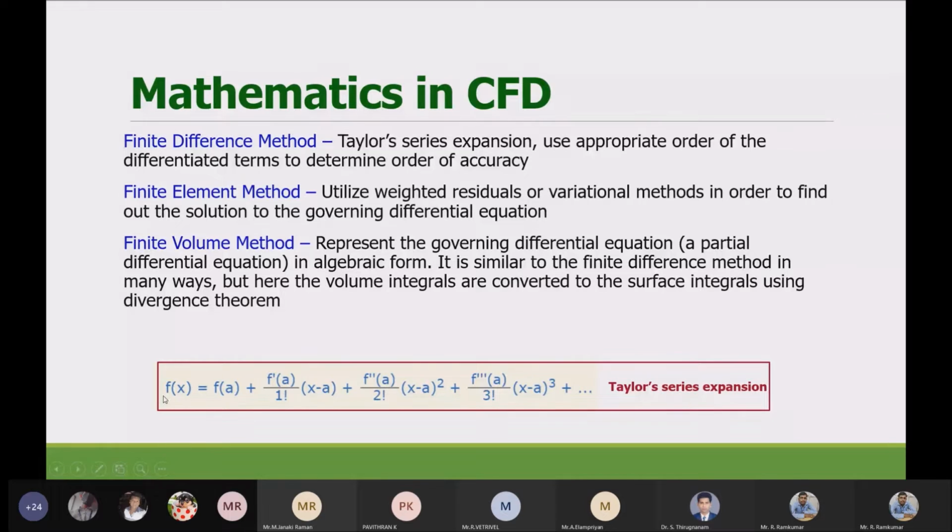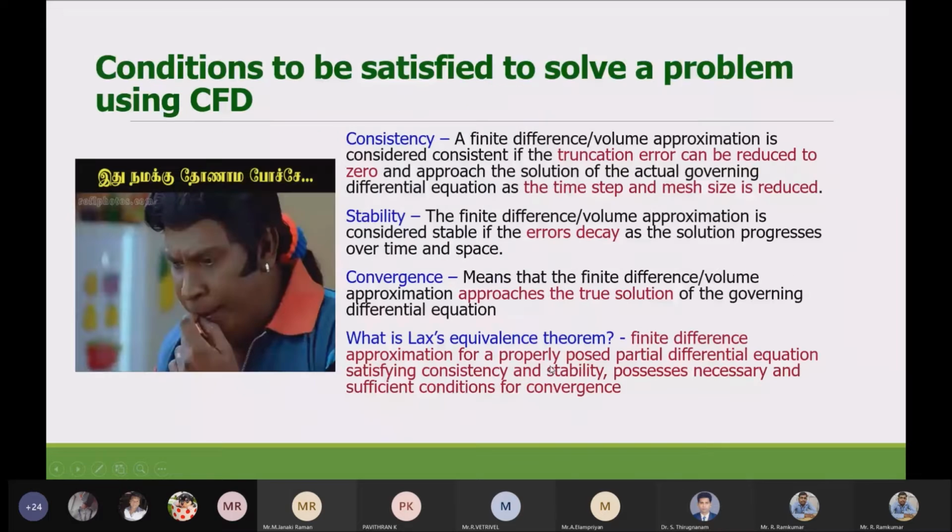This can be anything. This is just a generic Taylor series expansion. If you want to find temperature, you can do it in the same way. If you want to find pressure, you can find it in the same way. All you have to do is substitute the relevant terms in this portion and modify. So that is how it is. Basically, if you increase the order of accuracy, does the error approach 0? That is what is called a consistent equation.